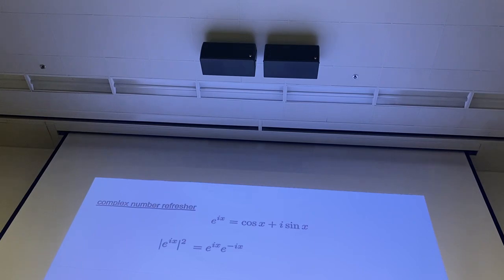Okay, so that's the complex conjugate of that function. So what I'm getting is the product of these two things. And I can rewrite that because I can just combine the powers of each in the following way. Right? The powers I can just add up. So it's e to the power i, between parentheses, x minus x, which is of course 0. So I get e to the power 0, which is 1.